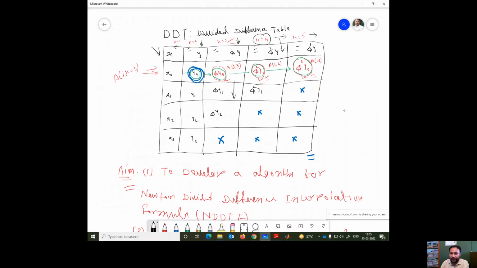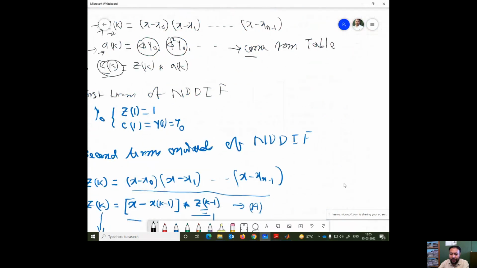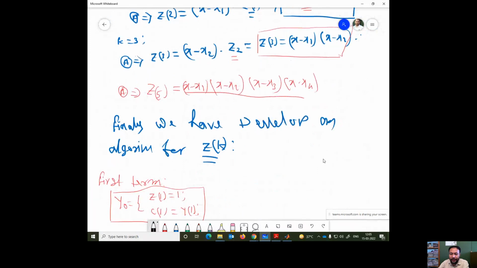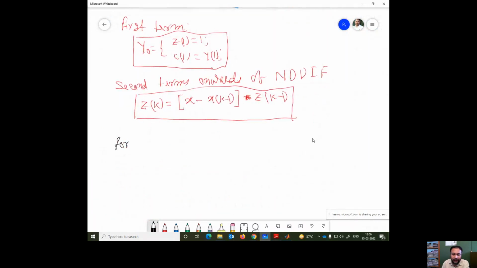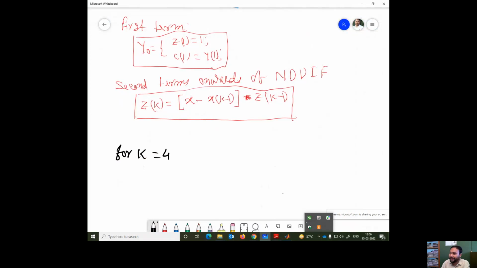Now, how is it coming here? Just look here. From k equal to 4 onwards, I want to move. That's why our algorithm has to be developed in such a way that it moves from k equal to 4. I want to write the for loop here, with k equal to 4 onwards.